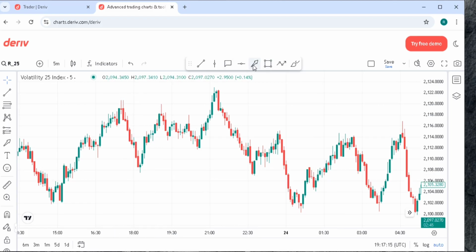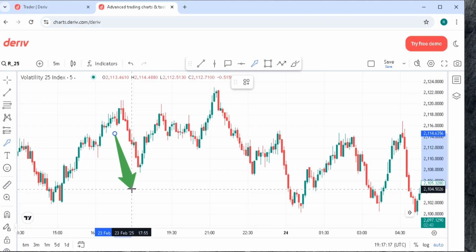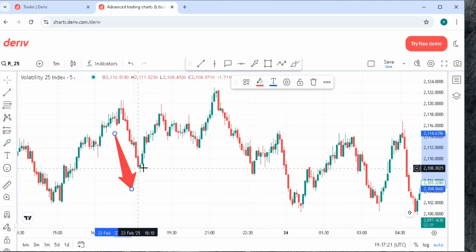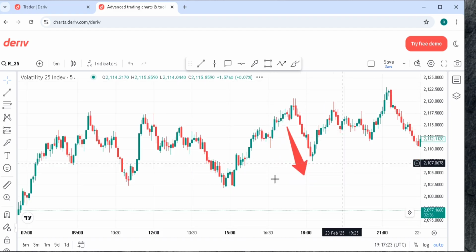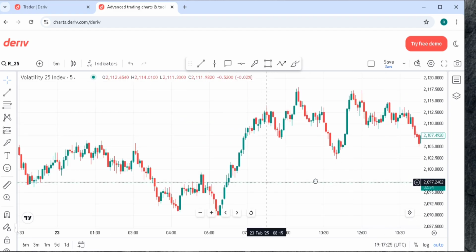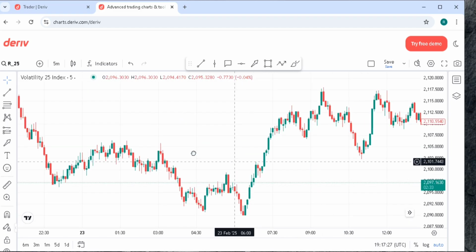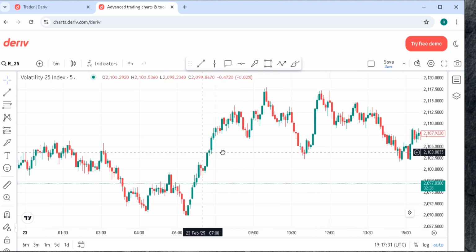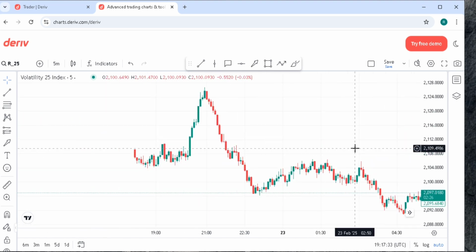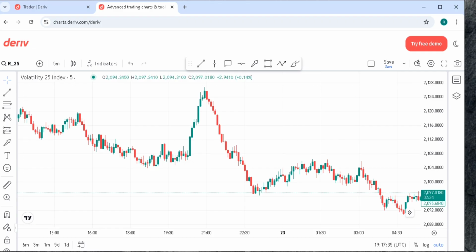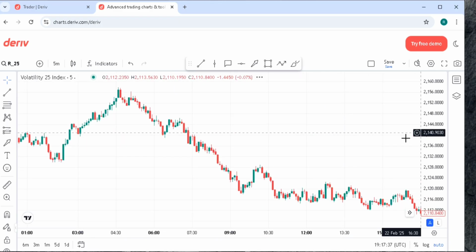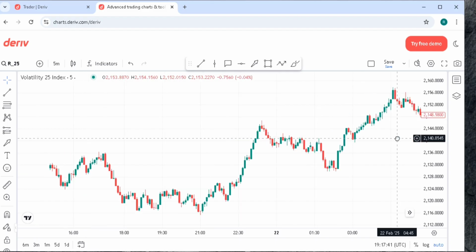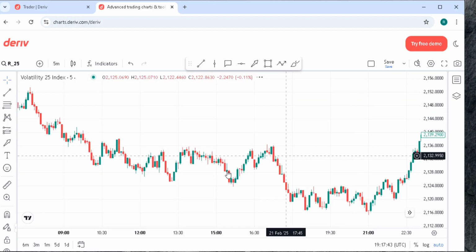So this is a downtrend here. If you see this small candlestick here, it just means that there is indecision in the market, and therefore the next candlestick that is formed means a lot. It is that next candlestick that will tell you whether the market has reversed or not. That is after there is an indecision in the market.